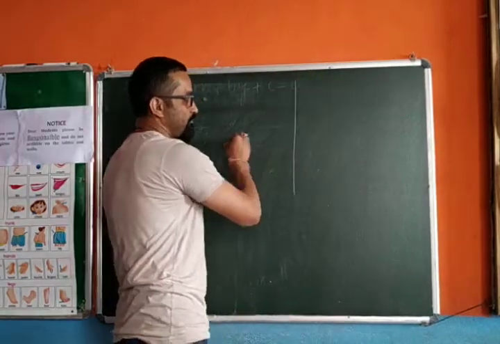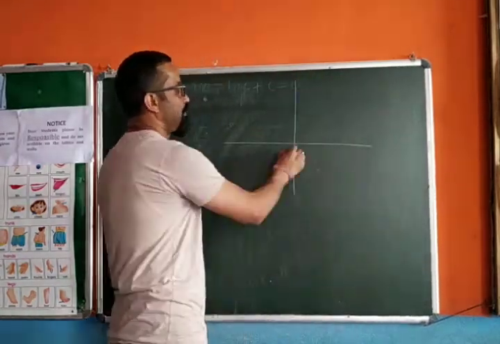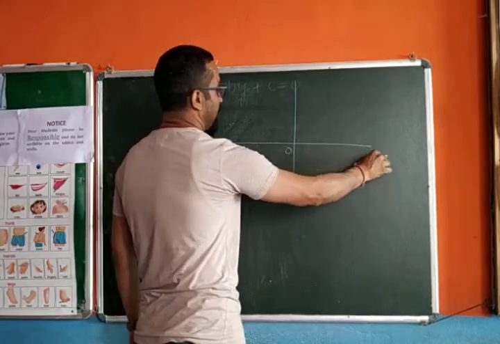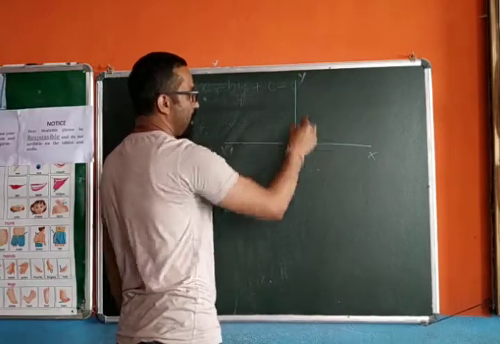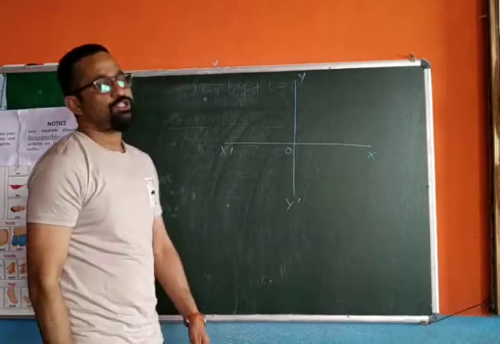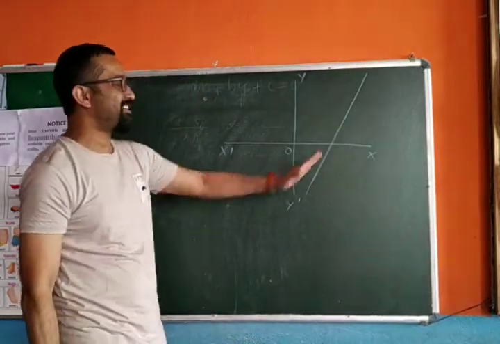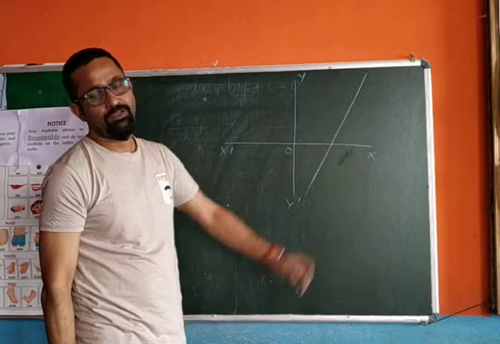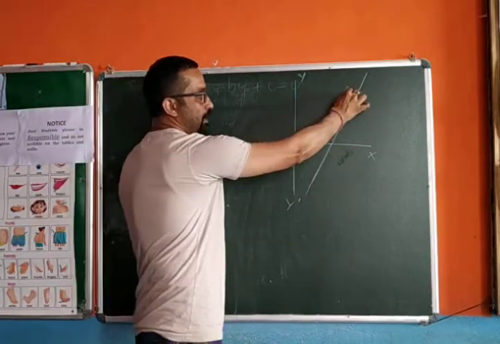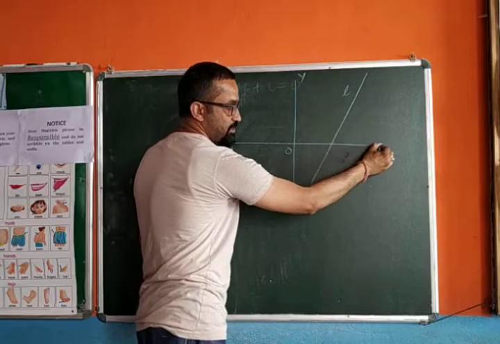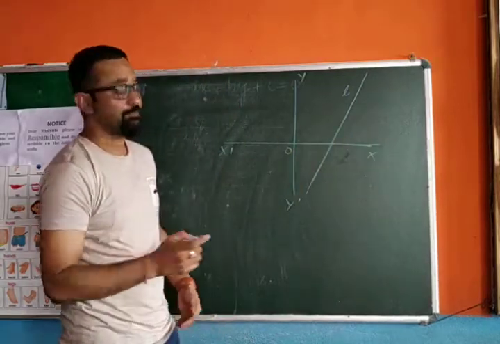So you have Cartesian system, origin, x, x dash, y, y dash. Suppose you have a line which is intersecting x-axis. The line and the x-axis forms an angle.